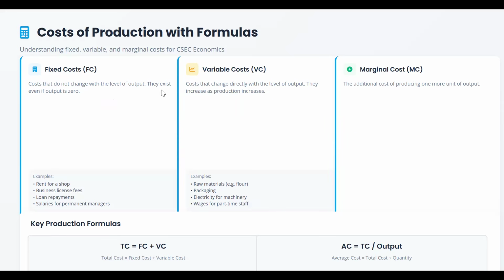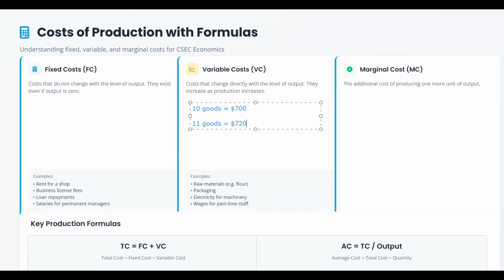Marginal cost is the cost to produce one additional unit of output. So if 10 goods cost $700 and 11 goods cost $720, what would be the marginal cost?